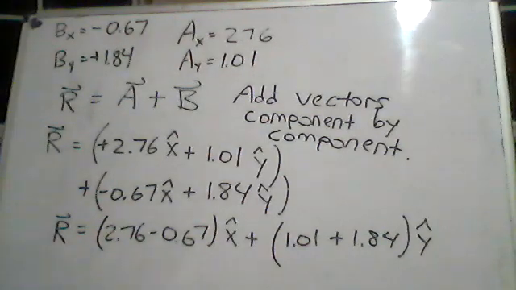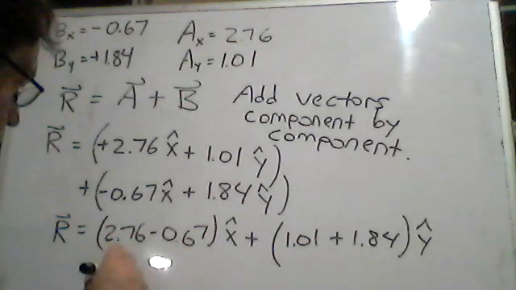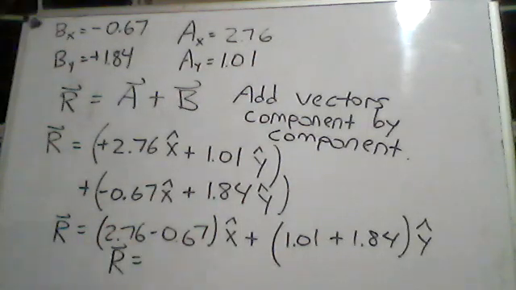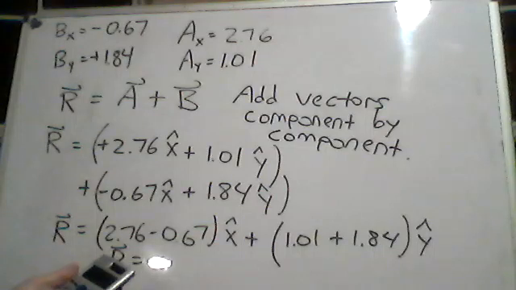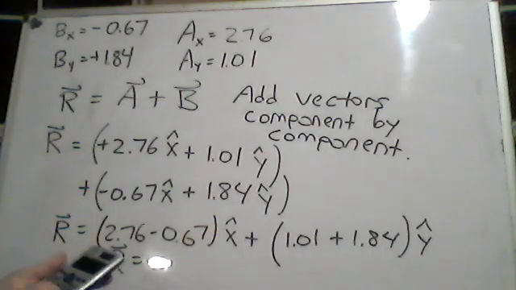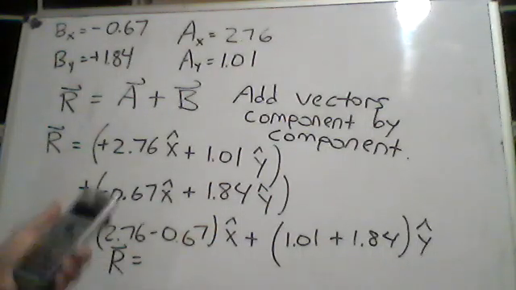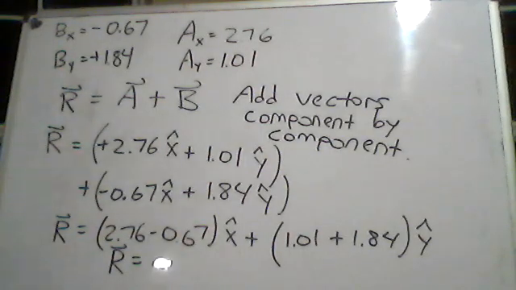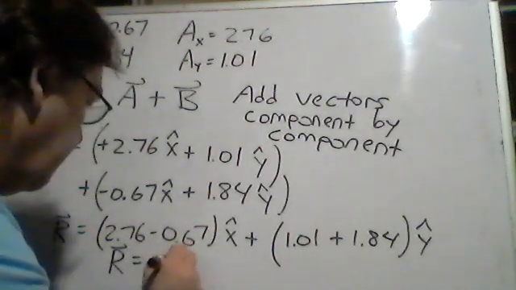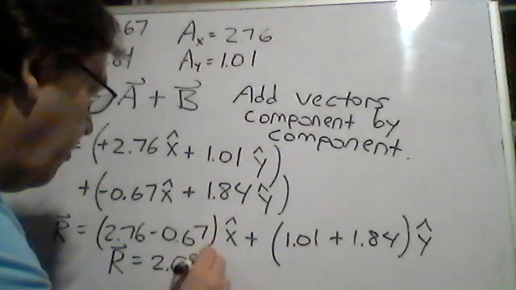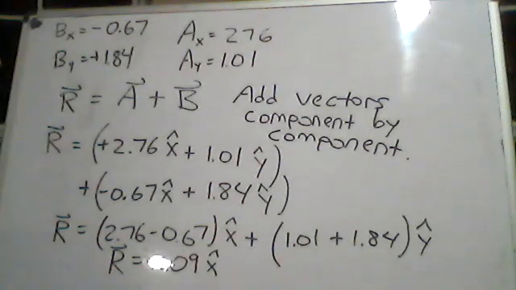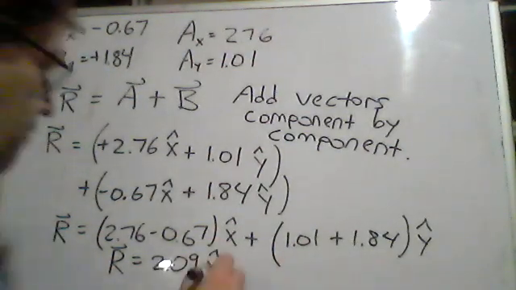I'm just combining stuff now. Now I've got to go and do arithmetic. Let's see if I have enough space here for the resultant vector R. So again, I just put it in my calculator. It's nothing but a simple subtraction. 2.76 minus 0.67, you get 2.09 x hat. 1.01 plus 1.84, 2.85.